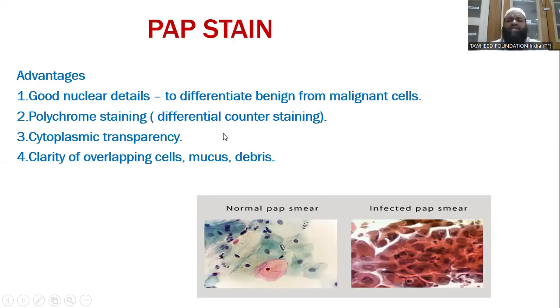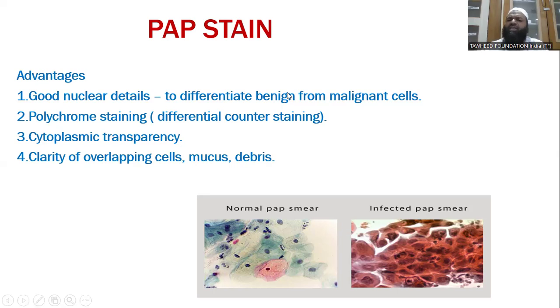What are the advantages of pap stain? One is that good nuclear details can be identified to differentiate benign and malignant cells. The main purpose of using pap stain is to differentiate whether the cells are normal or abnormal. If cells are malignant, the treating doctor may start treatment for the patient as per requirement.